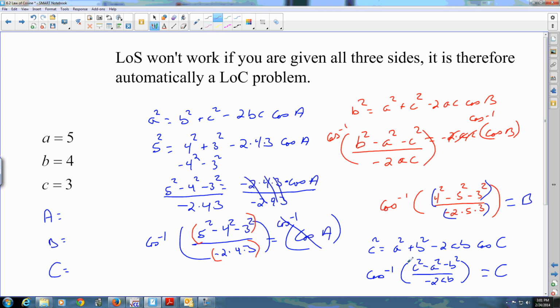One last parting shot is make sure you put those other parentheses in there, and then you're going to have all three angles.